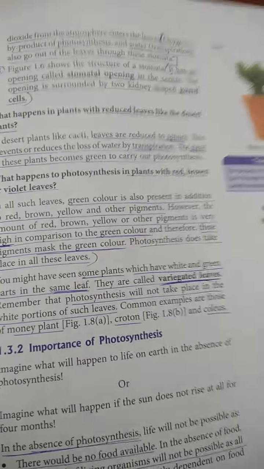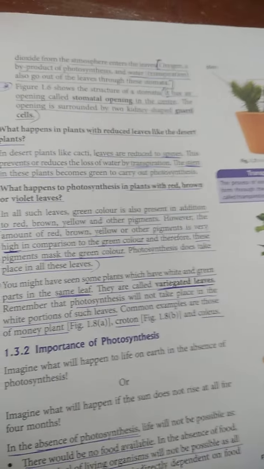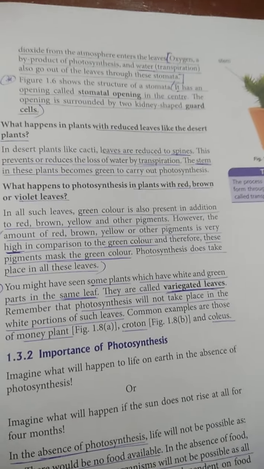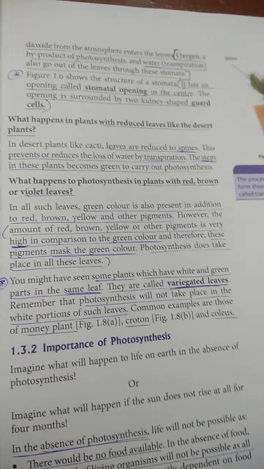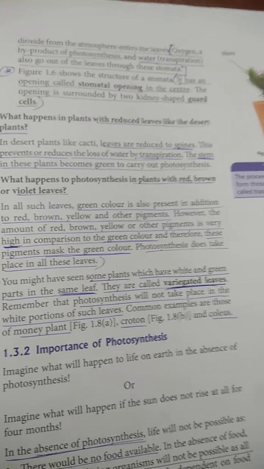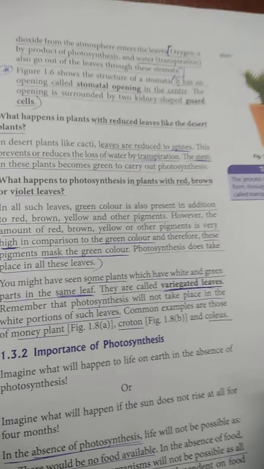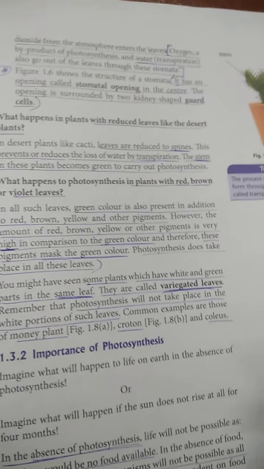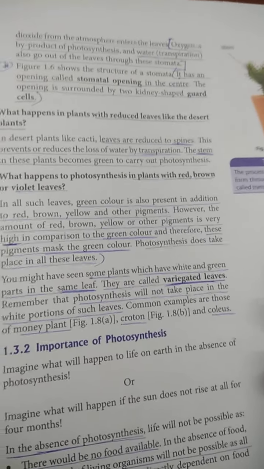So in that region, to reduce water loss through the stomata, the leaves are modified into spines. That's why photosynthesis takes place in the stem, and that's why the stem of a desert plant is green in color. The chlorophyll is present in the stem of the desert plant.